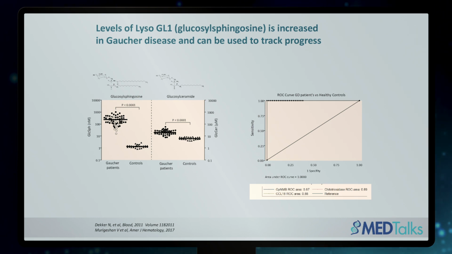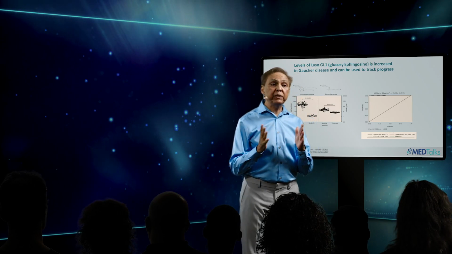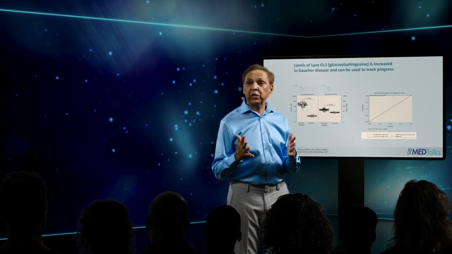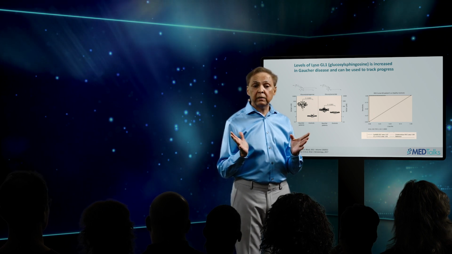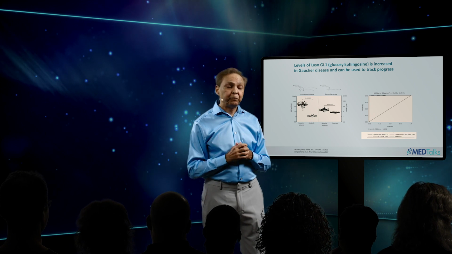Conversely, those of you who are on treatment, this is a very exquisite marker to fine-tune your treatment and to see if you are meeting the treatment goals. And so Lyso-Gyl1 has truly opened the window into Gaucher disease in a way that previous markers have not.